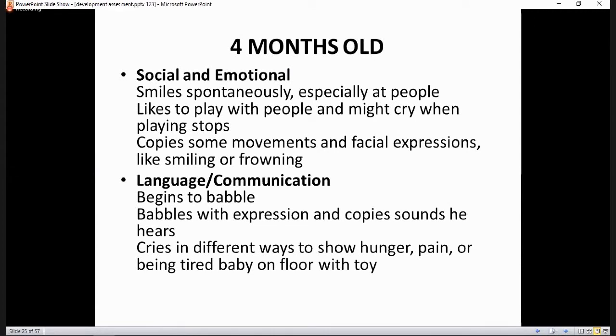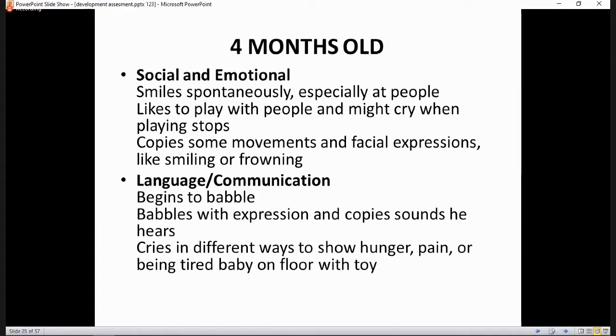In the 4-month-old child, usually the smile is spontaneous, especially at people. They like to play with people and might cry when playing stops. Copies some movement and facial expressions, like smiling or frowning.